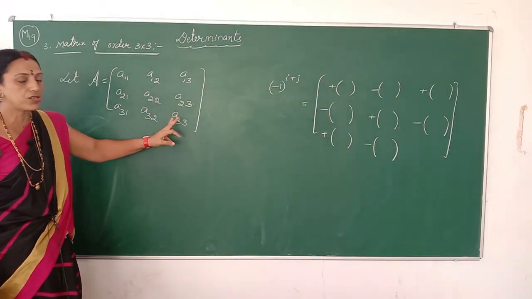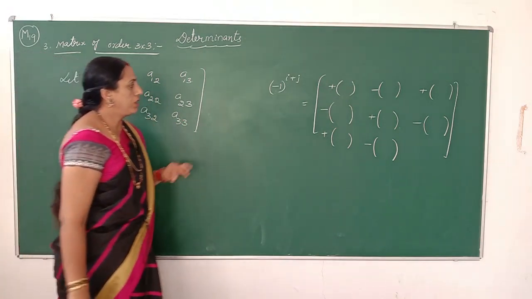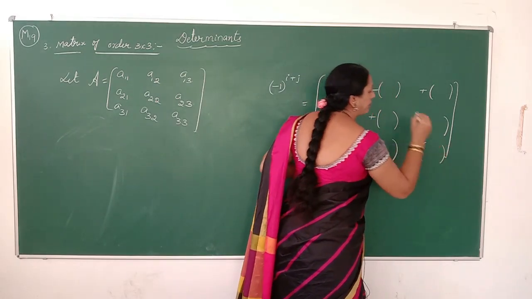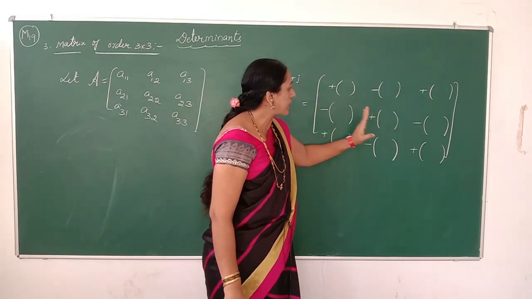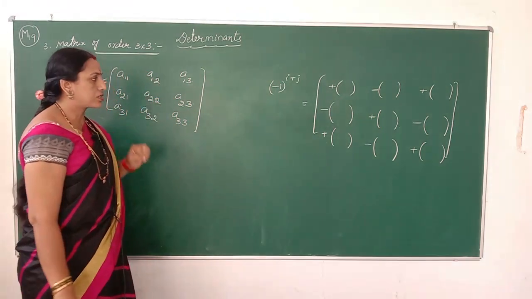And the last element A33: i is 3, j is 3, therefore (-1) to the power of 3 plus 3, which is 6, gets multiplied by positive. Now these will be called the signs of the 9 elements of the 3 cross 3 matrix.